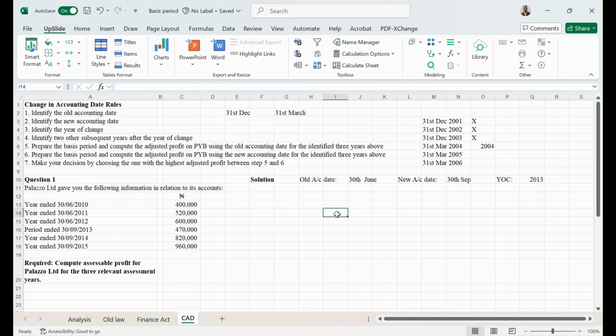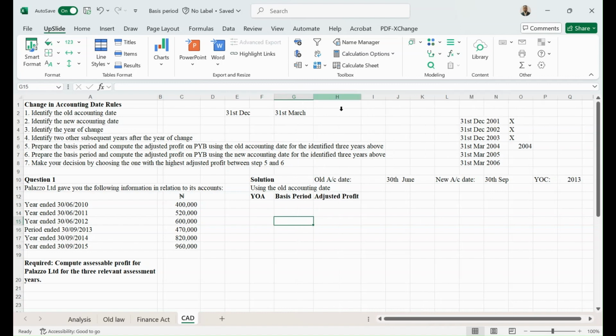Using the old accounting dates, our steps: we'll have year of assessment, business period, and then adjusted profits. These are basically the three headings you need.